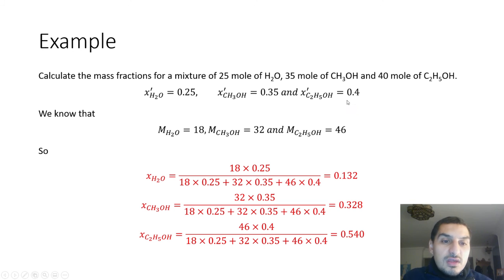And this is why I would expect, even before I do any calculations, that the component that has higher molecular weight will have a higher mass fraction than its mole fraction. This is the mole fraction, this is the mass fraction. The mass fraction is higher, and the compound that has smaller molecular weight, which is this, will have a lower mass fraction than mole fraction.